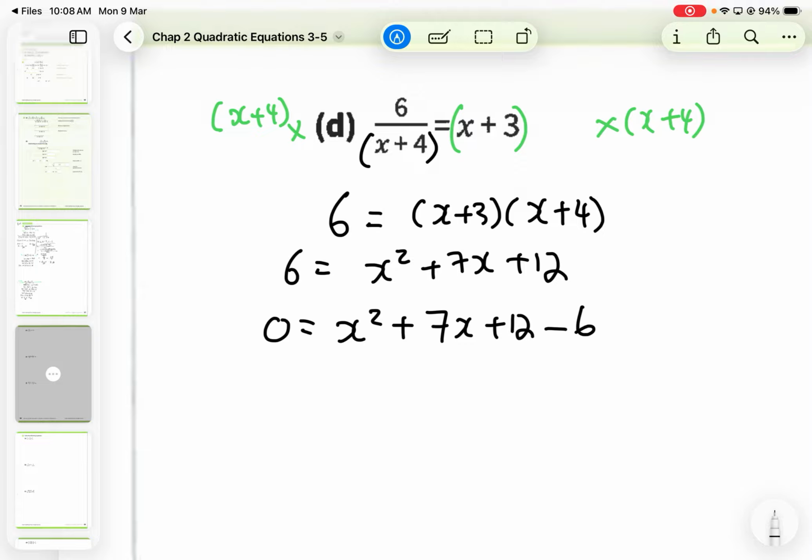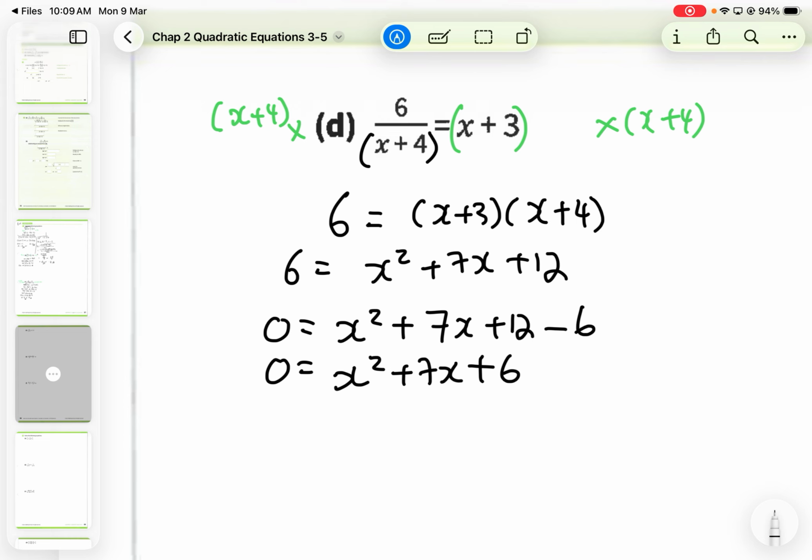Why I want to do this? Because I want my x squared to be a positive number. When my x squared is positive, factorization is easier, or using my formula is easier, rather than having a negative number. Okay?